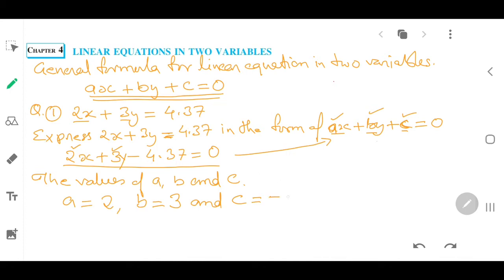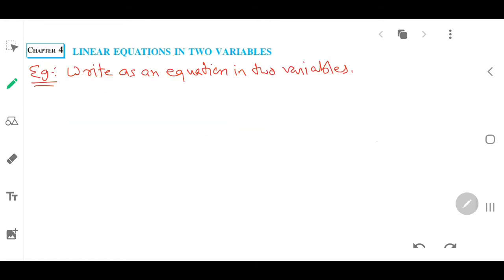So you have to mention minus here, otherwise it will be wrong. So this is the way you have to express twice x plus 3y equal 4.37 in the form of ax plus by plus c.